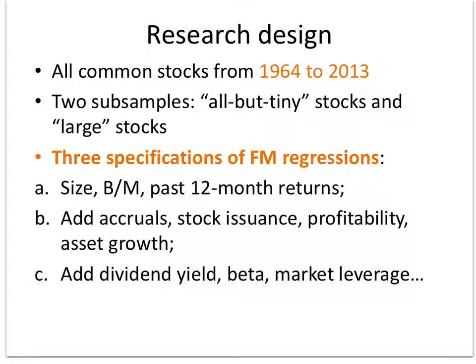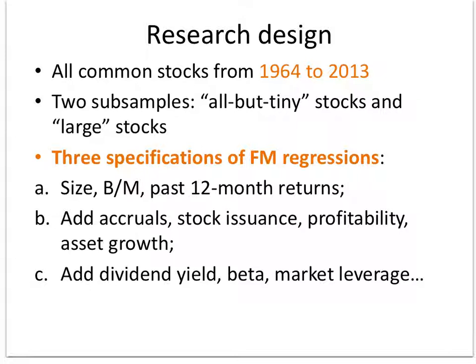Overall, there are three model specifications of the FM regression. As we talked about earlier, the FM regression is all about those risk factors identified. The first model includes size, book-to-market ratio, and past 12-month returns. In the second model, we add accruals, stock issuance, profitability, and asset growth.